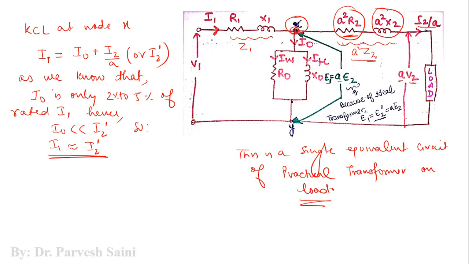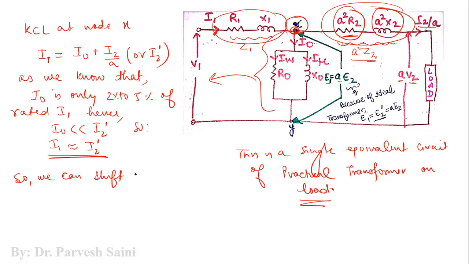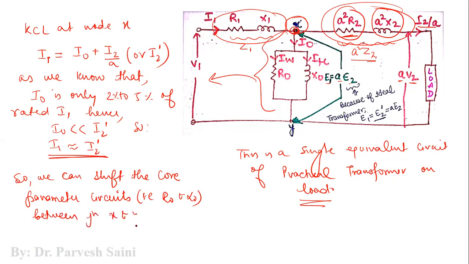So now what we can do is we can shift this part towards this side so that we can combine these parameters with these parameters, right? So we can shift the core parameters circuit, that is R naught and X naught, between junction X and Y to the input side, right?